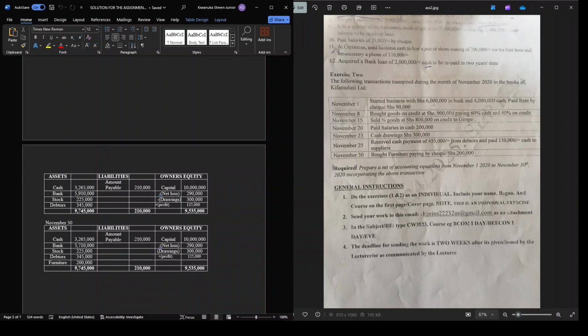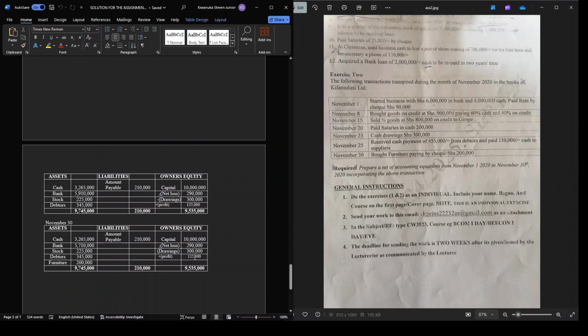And lastly, bought furniture, paying by check. Furniture is buying furniture at 200,000, paying by check. That means the check is going to affect the bank account, but will not affect capital. And the furniture will be included here under the assets.